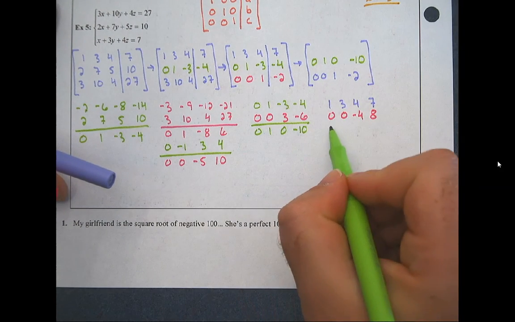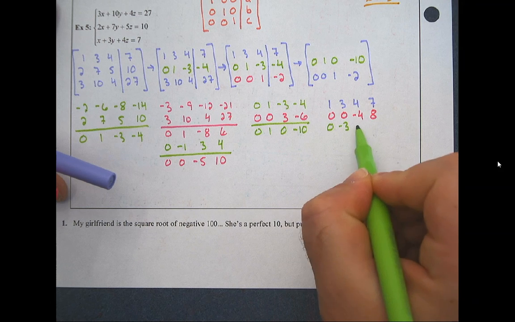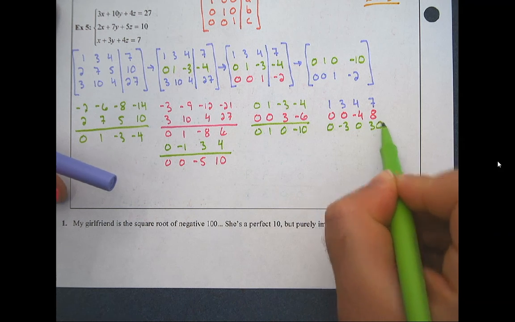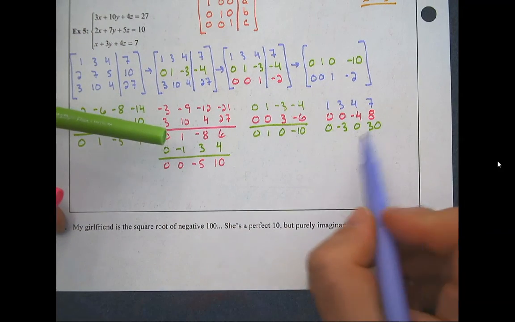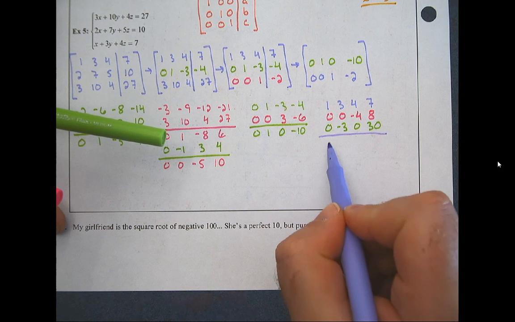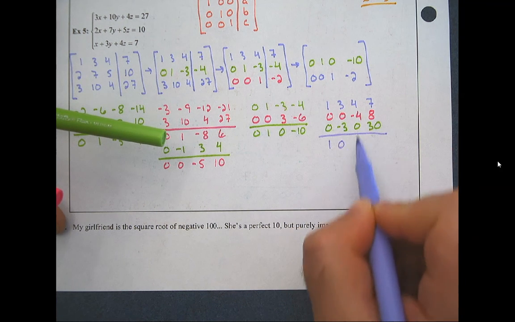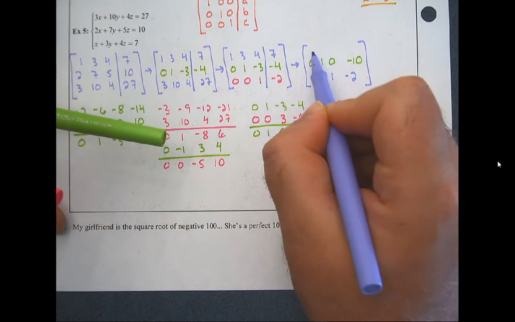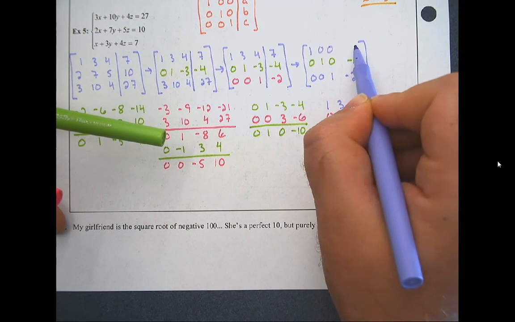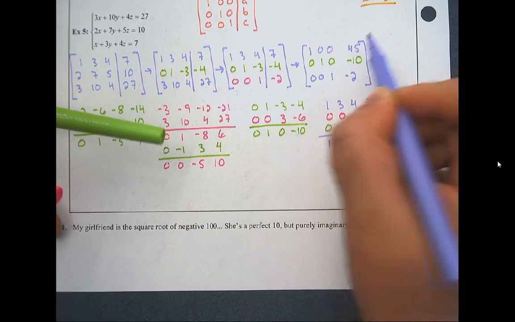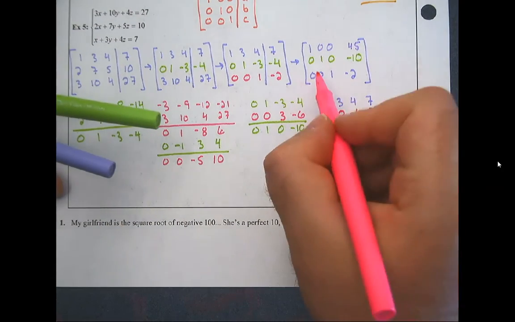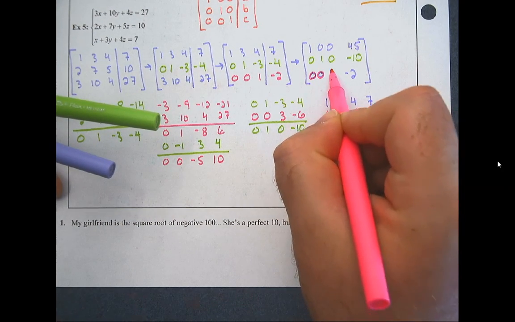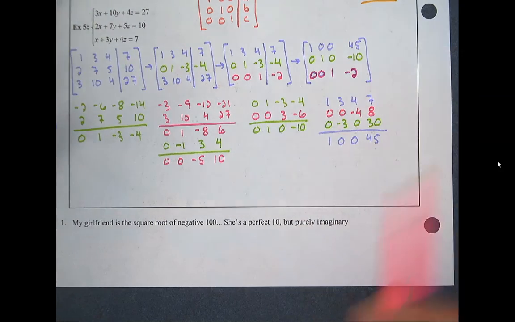Multiply that by negative 3: 0, negative 3, 0, 30. And I can add these all together: 1, 0, 0, and 15 plus 30 is 45. I get 1, 0, 0, 45. I wish I would have left this as pink: 0, 0, 1, negative 2.